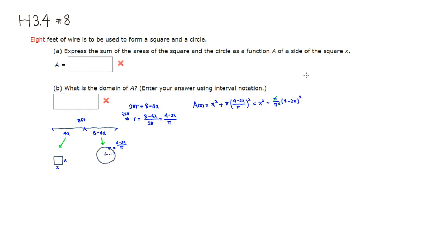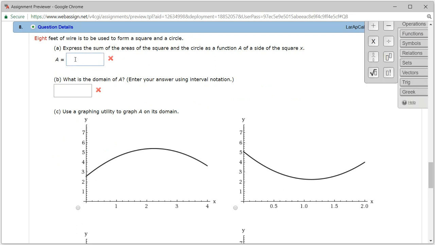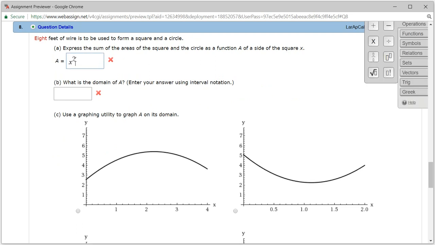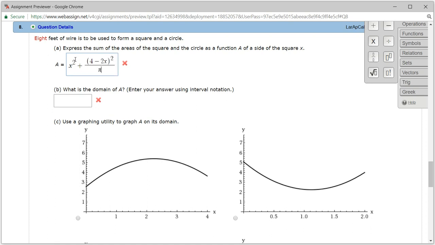And so this is the equation. Let's type it in. A is going to be x squared plus 4 minus 2x squared over pi.